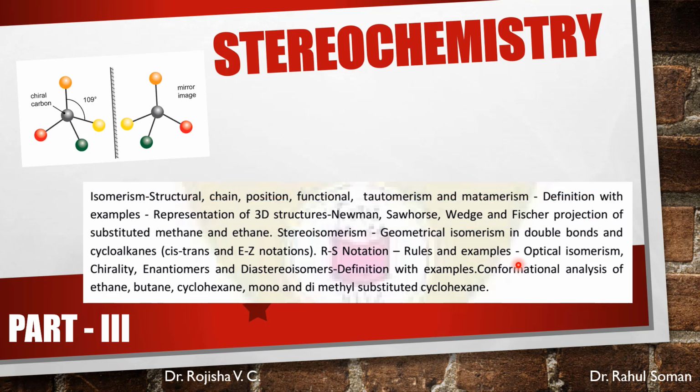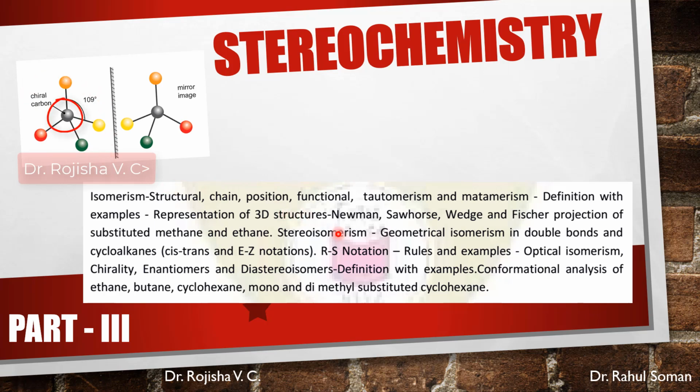If we want to study optical isomerism, all those structures should be very thorough, because optical isomerism is the isomerism which results from a difference in orientation of the groups around a central atom.